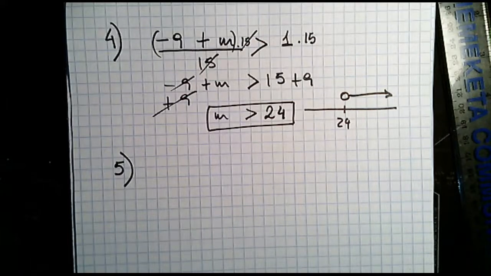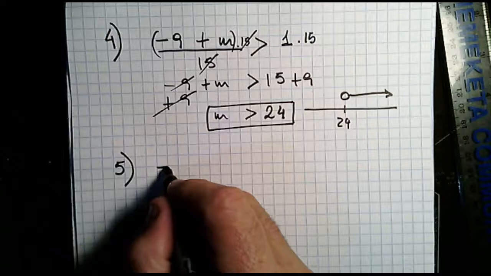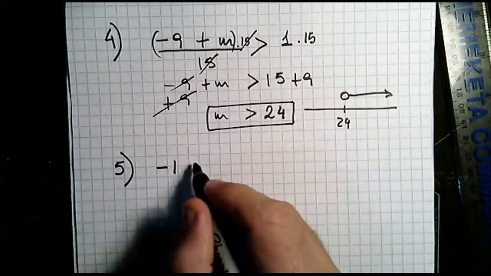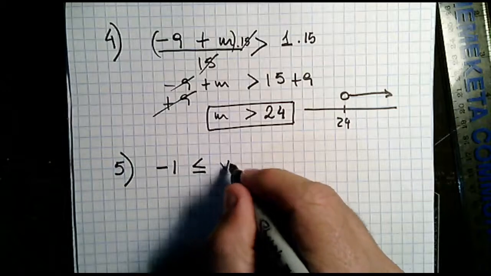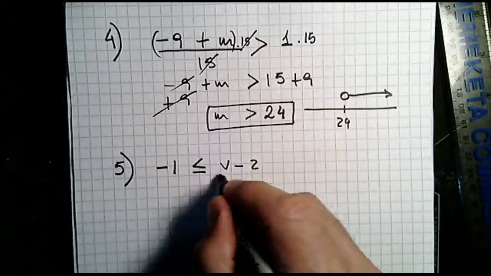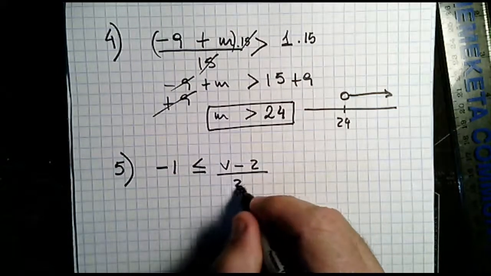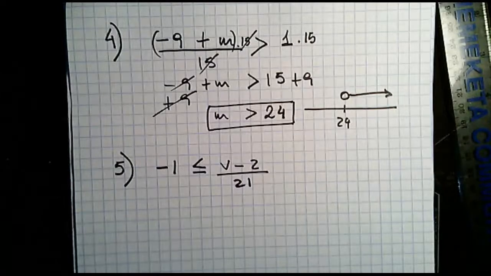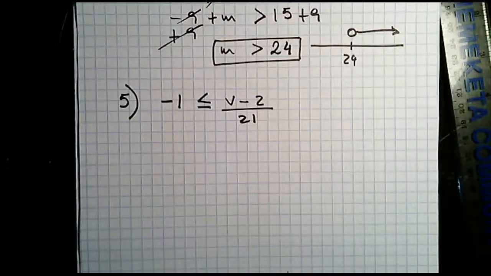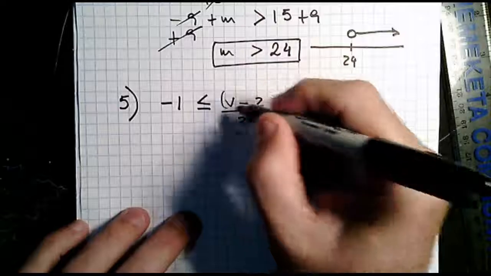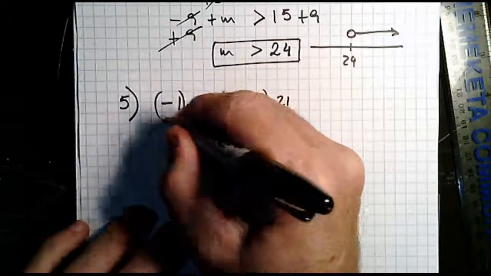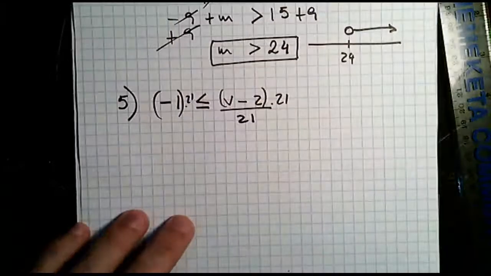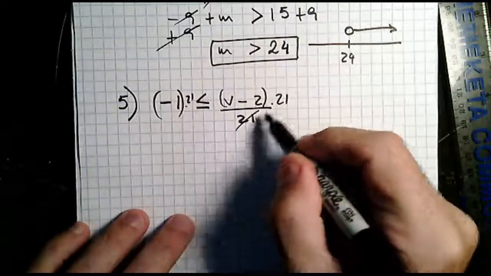let me see here, I have this one, negative 1 is less than or equal to b minus 2, divided by 21. Okay, so exactly the same. So if I have this inequality, I will multiply by 21, and I will multiply by 21 over there. So simplify this.